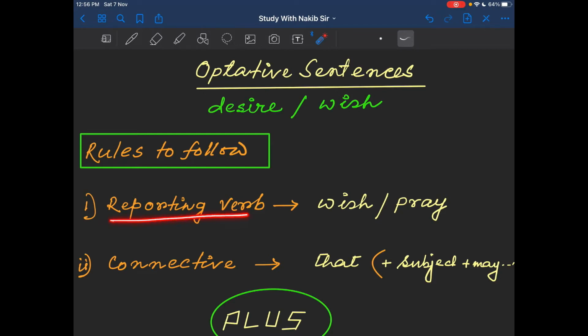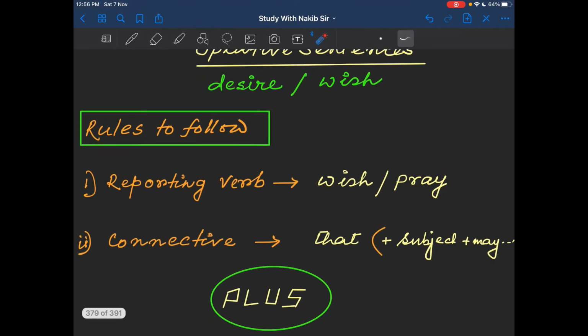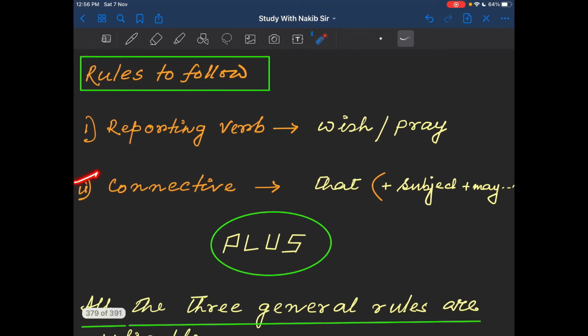The reporting verb is to be changed to wish or pray according to the sense of the reported speech. Rule number 2, the connective. You have to select one connective, and here the connective is that. After the connective, your reported speech will begin with the subject. After the subject, may will come, then the verb will come in this way.